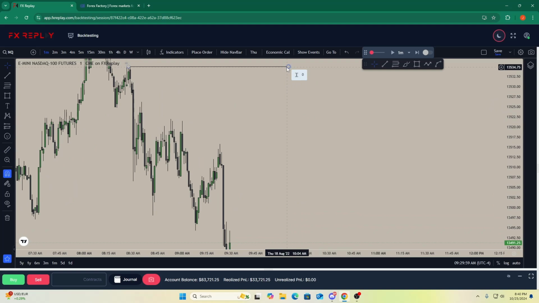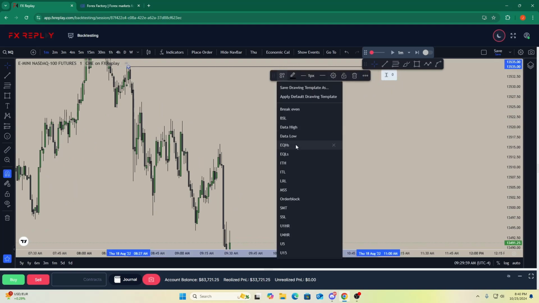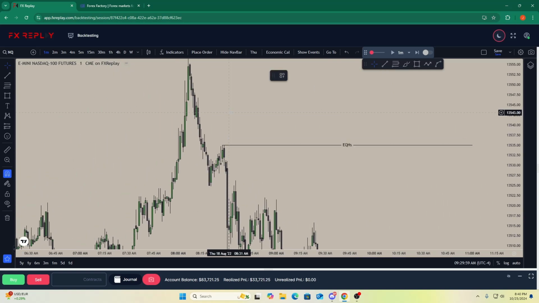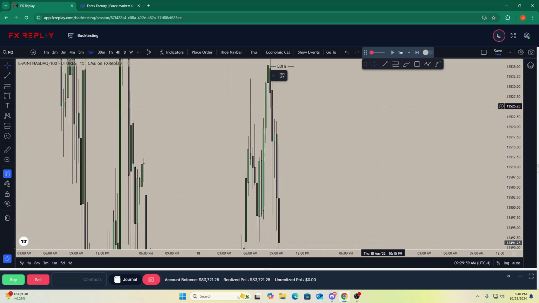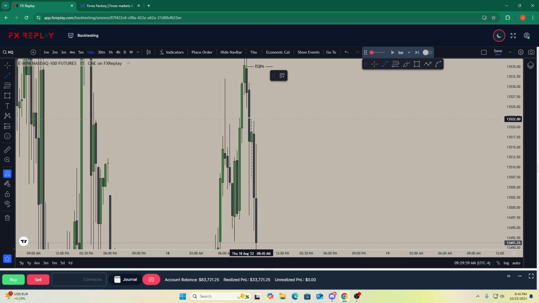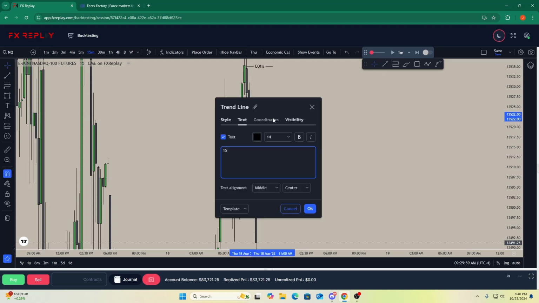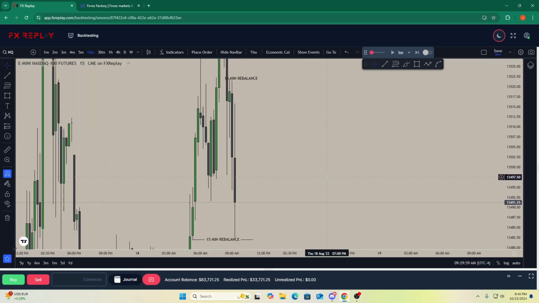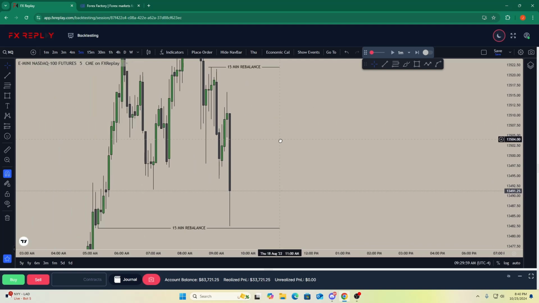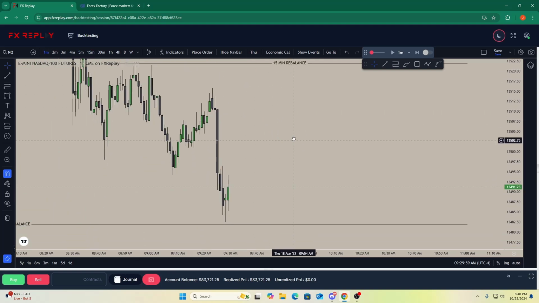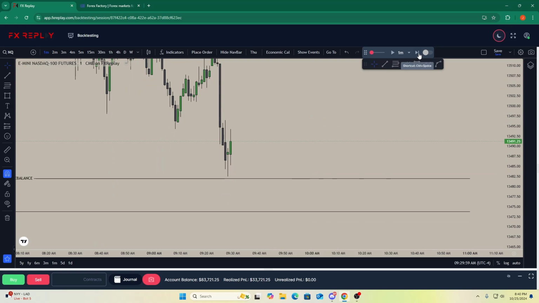Yep, equal highs here. We have an unfilled 15, not too far. Rebound. As far as 5s go, yeah, so looking pretty good. Let's see how the market goes.